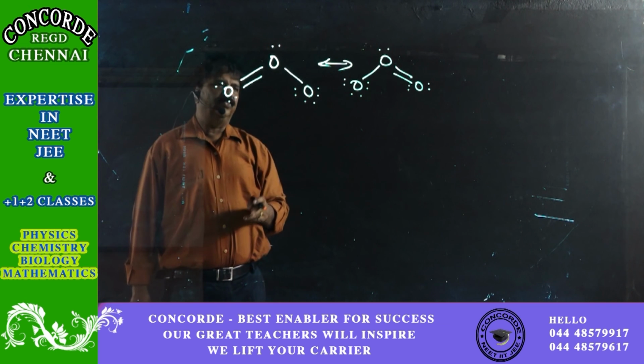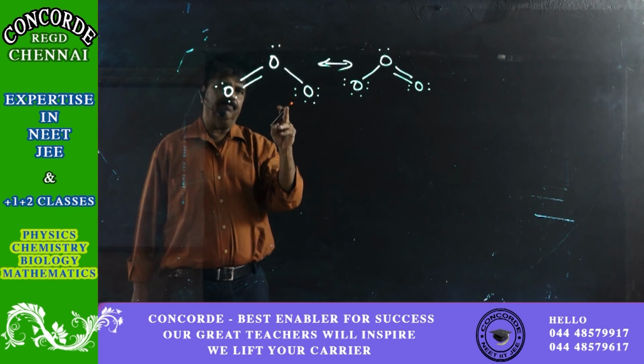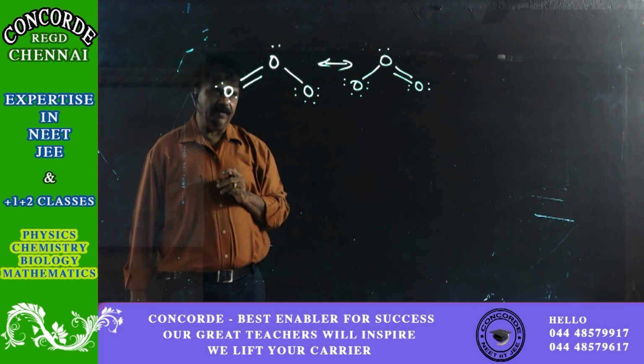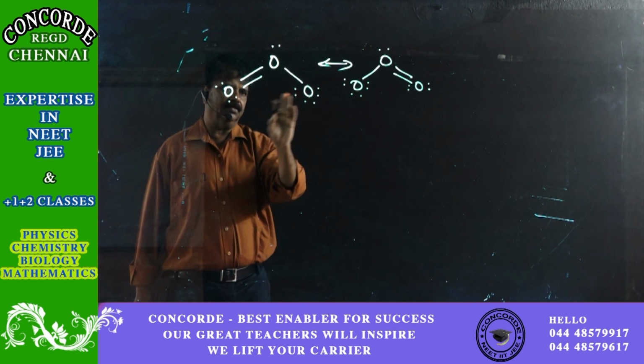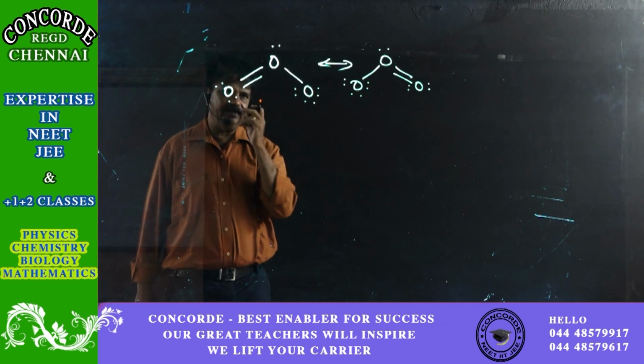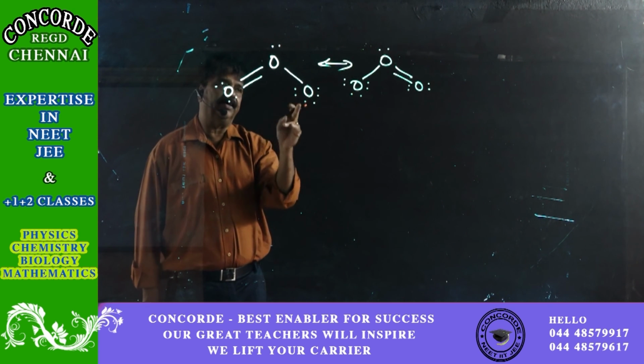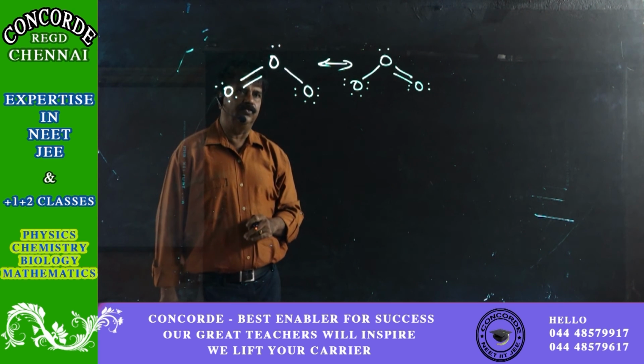It exists in two forms as resonance components. Some people write the second bond here as a dative bond or coordinate covalent bond. To avoid confusion, let us take these as the resonance forms of ozone.